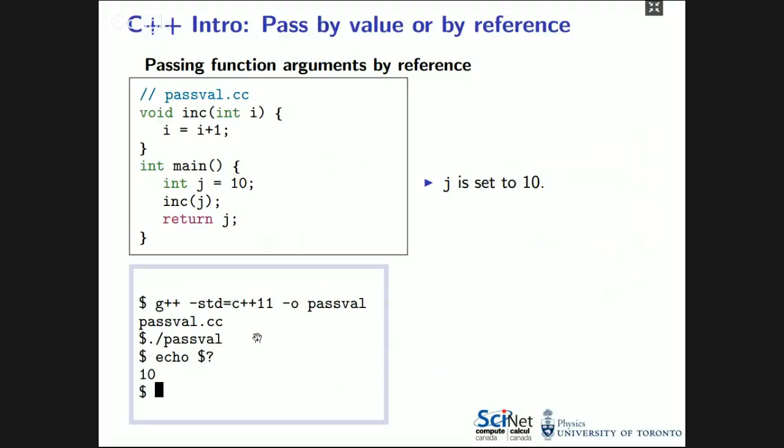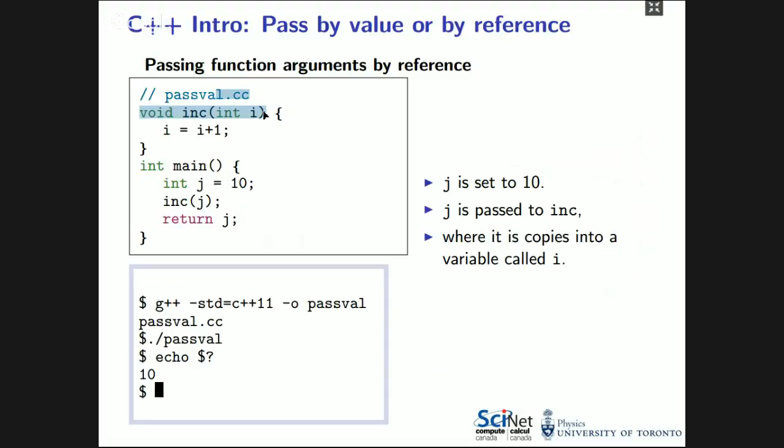So let's see why. Initially, in this first line, j is set to 10. And then this j is passed to the inc function. And so what happens is this value of j is copied into a new variable called i. That's kind of why this looks like a variable declaration. It's a new variable called i of type int.